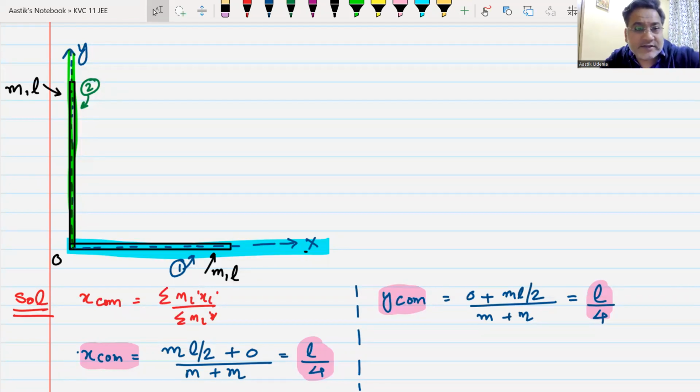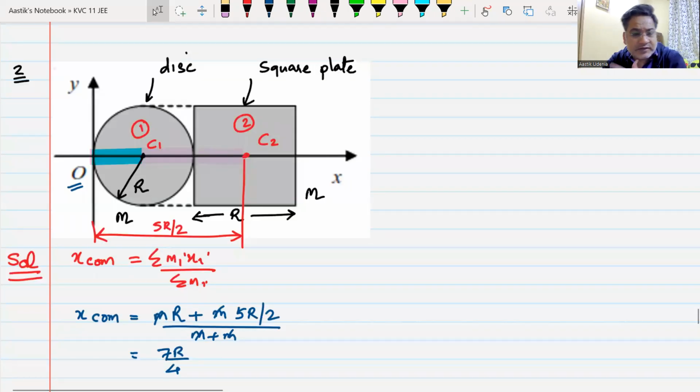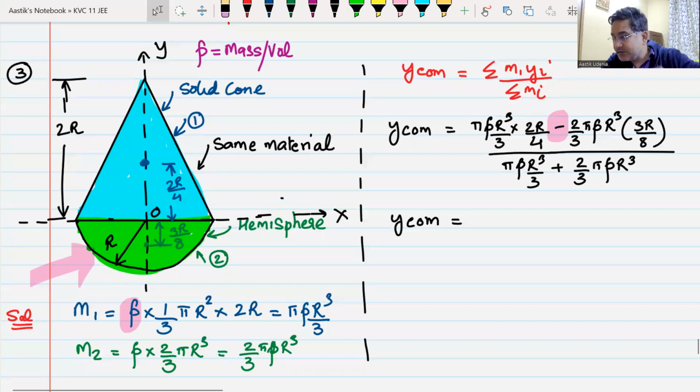We find out the center of mass of those rods, and then we can find out the center of mass of the system. We can have a disc or a plate, or a cone or a hemisphere put together. In different cases, we had found out the center of mass. Do we remember this?